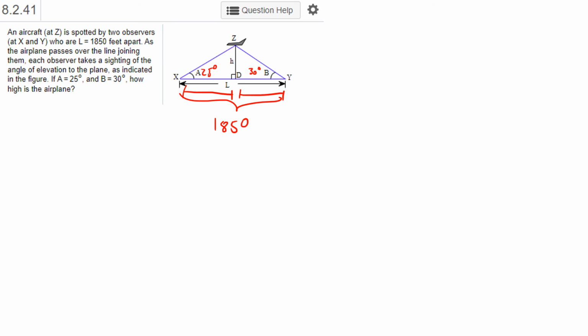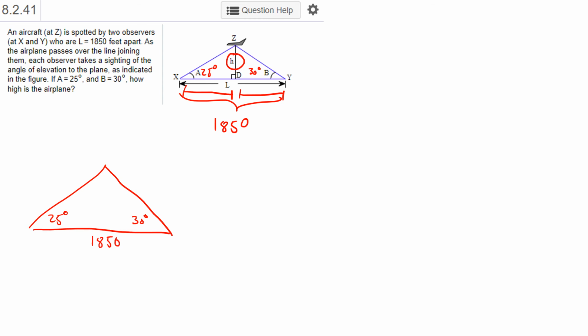There are a few ways we can go about this problem. I'm actually going to ignore, for the moment, this height. I'm going to complete the large triangle. In the large triangle, I've got 25 degrees, 30 degrees, and 1,850 feet.